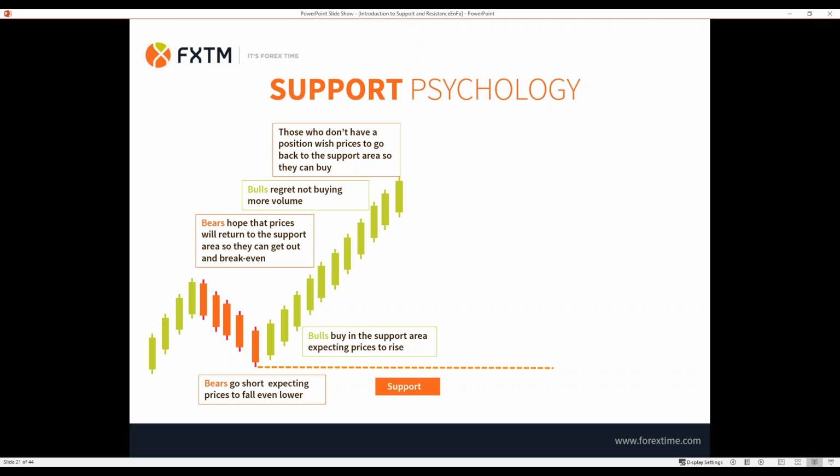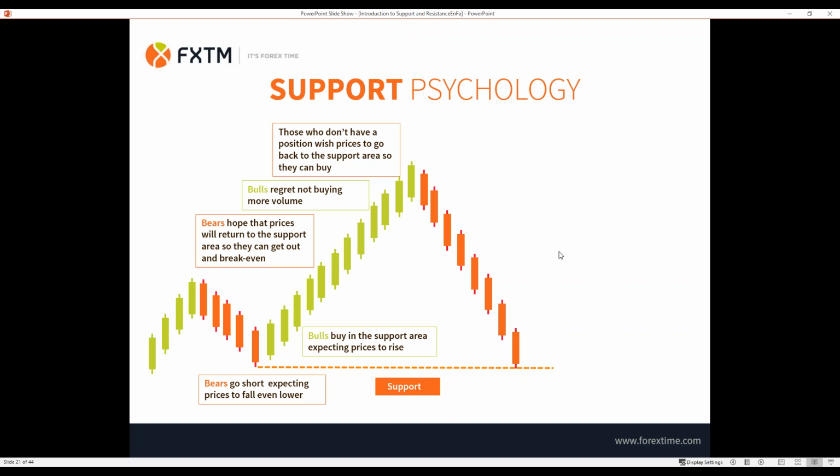So what I'm trying to say is that all three traders, the bulls, the bears, and those who don't have a position, wish the same thing to happen, for the market to drop back to the support area. And of course, their wish is granted. Their wish is granted, and the market falls back to the support area.